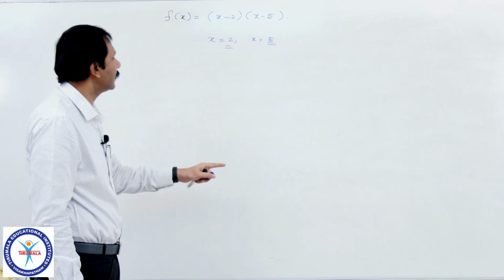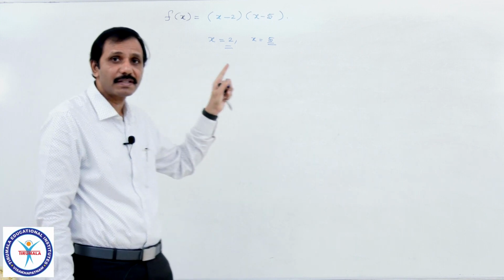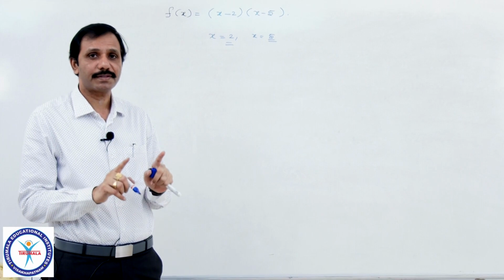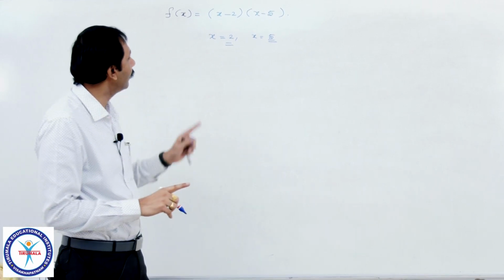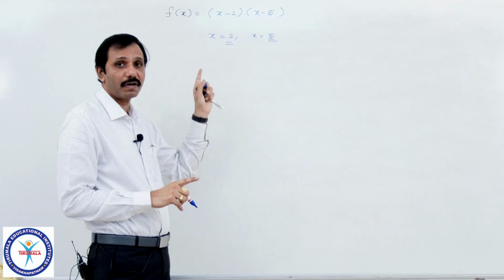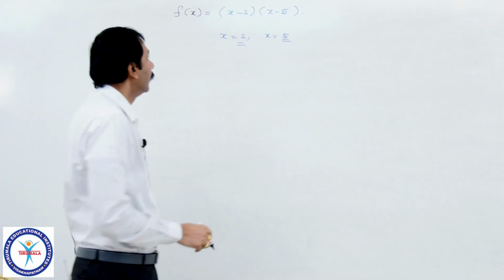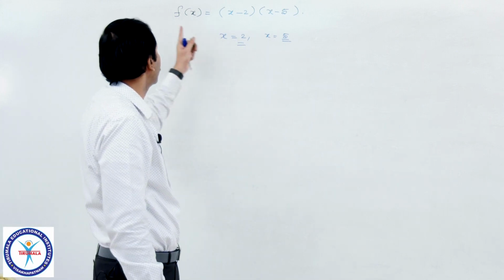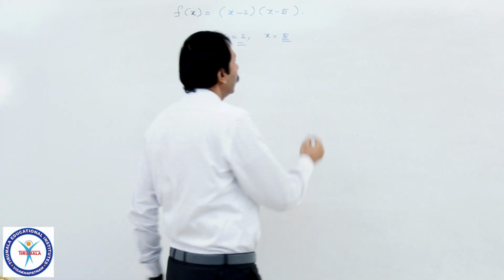Because these are the zeros, this function f(x) will become 0 at x = 2 and at x = 5. Mainly we will concentrate on for what values of x it is positive and for what values of x it is negative. Therefore, x = 2 and x = 5 are the zeros of this polynomial.